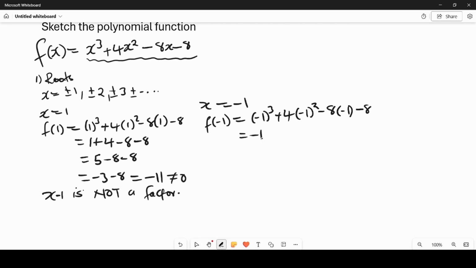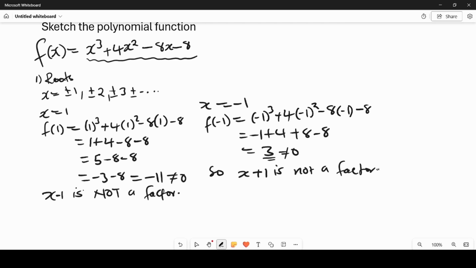This is -1 plus 4 plus 8 minus 8. This is going to give us 3, okay, which is not equal to 0. So x plus 1 is not a factor.